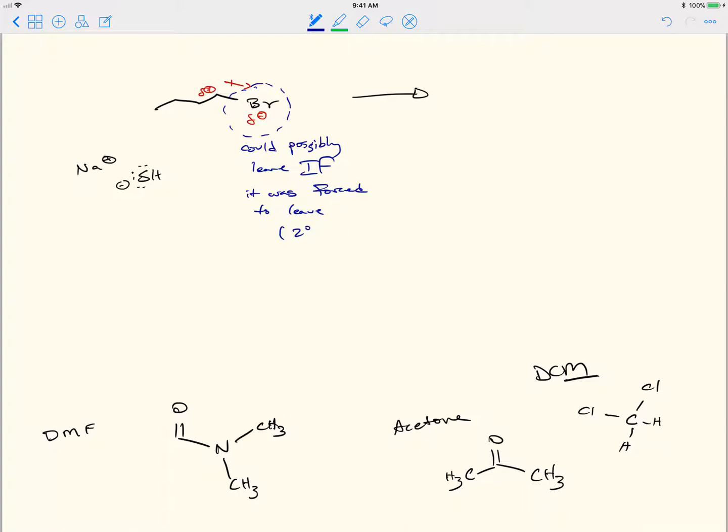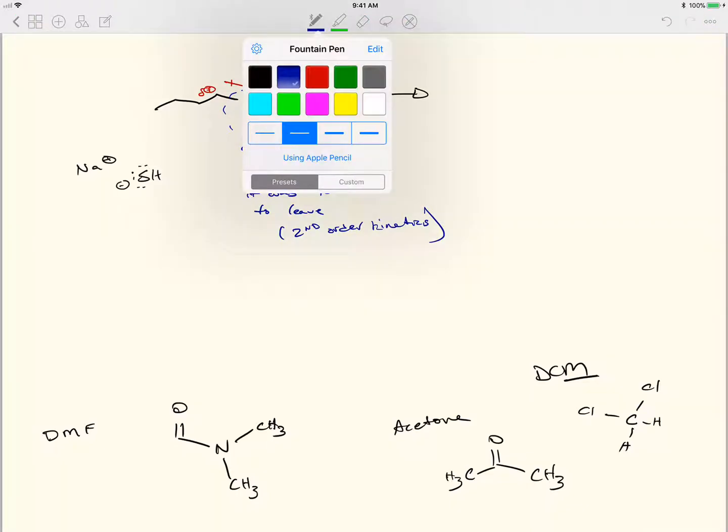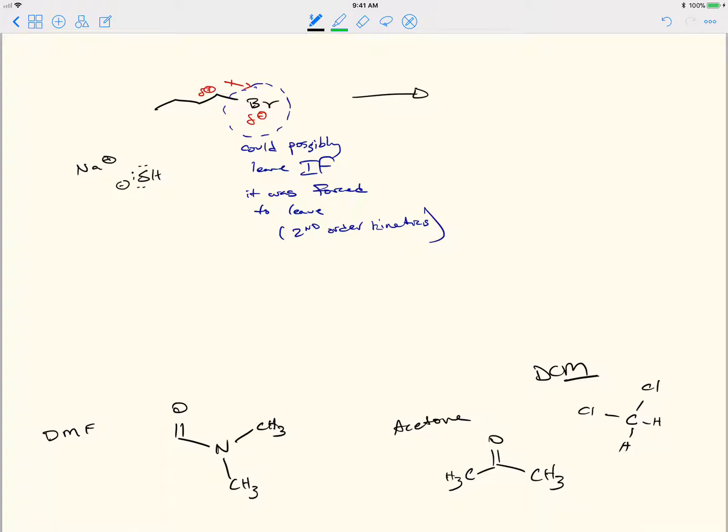Second order kinetics. Okay, so I will use a black mechanism arrow.